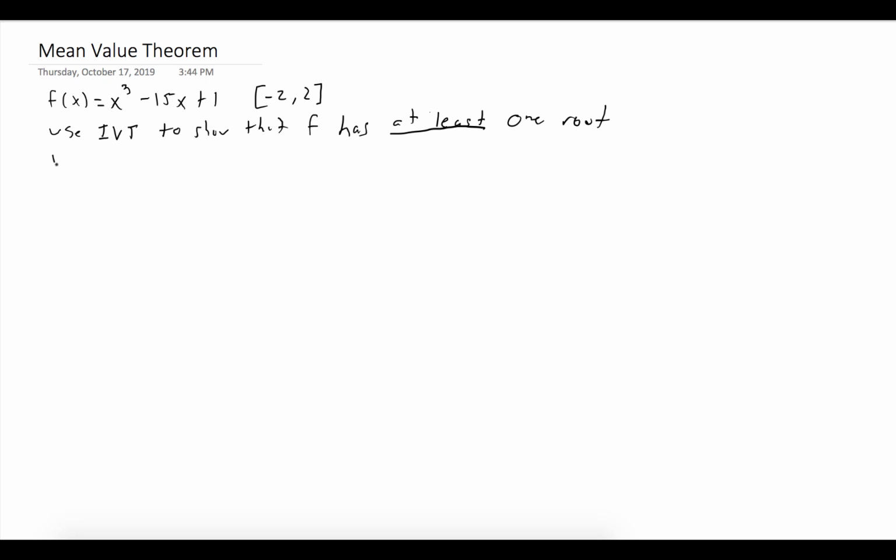And then we'll use the mean value theorem to show that it has at most one root.